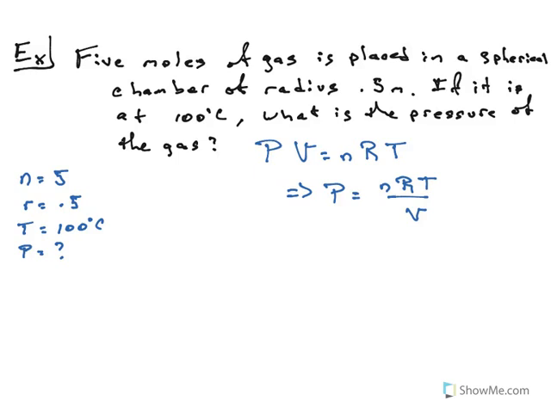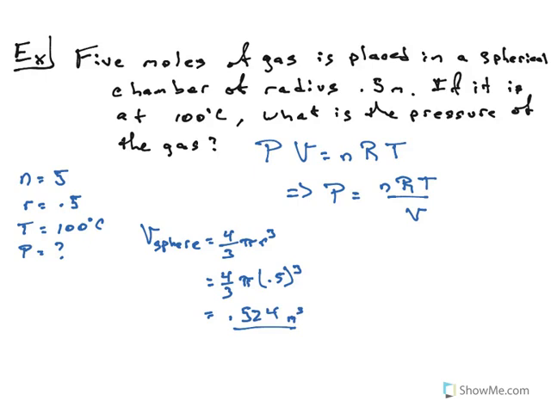So I can get the volume by saying volume of a sphere is 4/3 pi r cubed. So 4/3 pi times 0.5 cubed gives us 0.524 cubic meters. So now I know the volume.